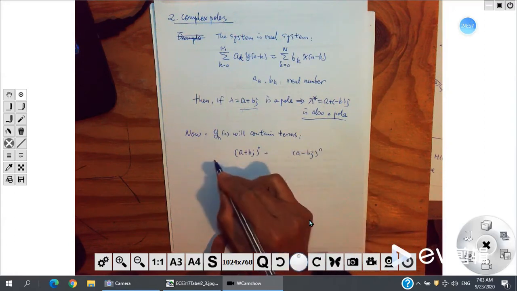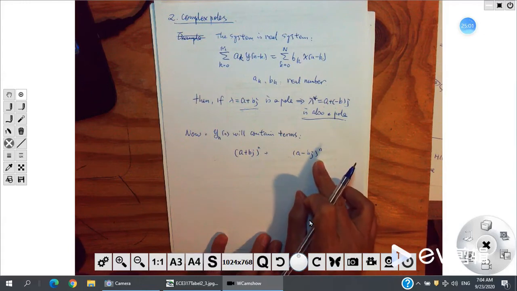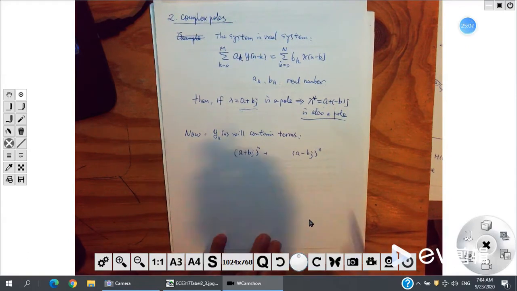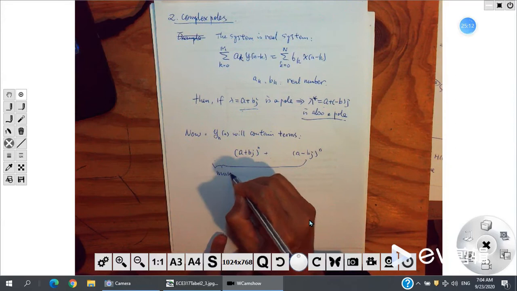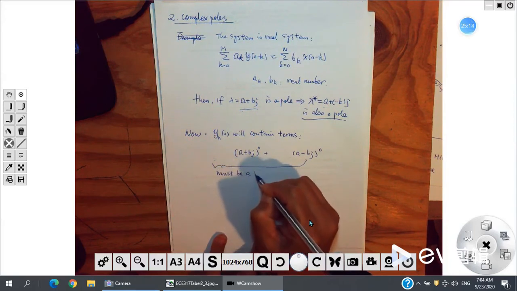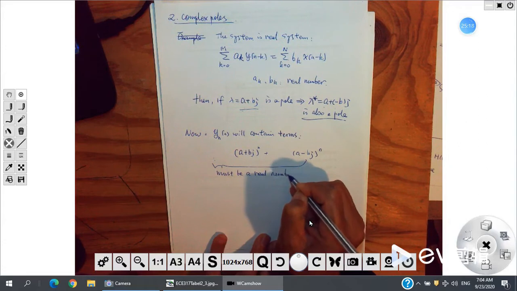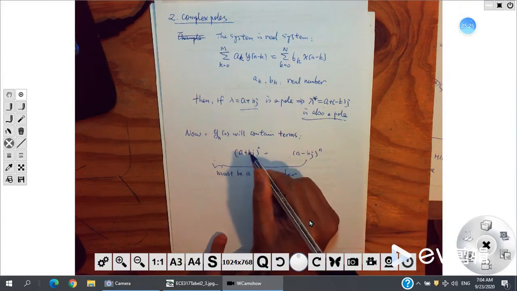What are these two coefficients? We want the whole result to be a real number, not a complex number. The whole thing must be a real number. You have to cancel those terms with j.